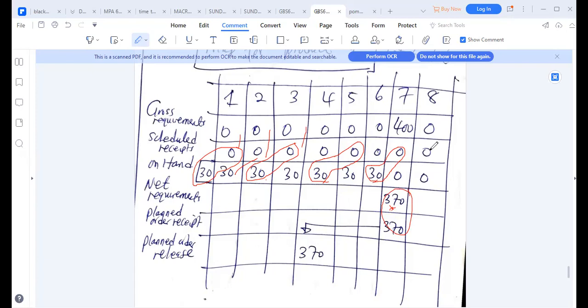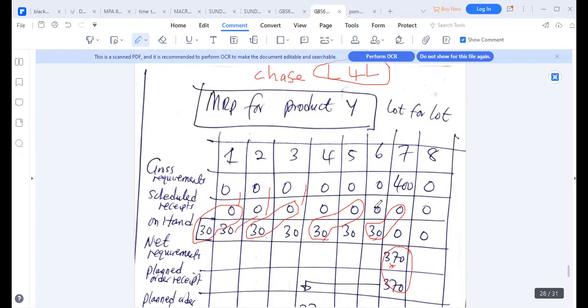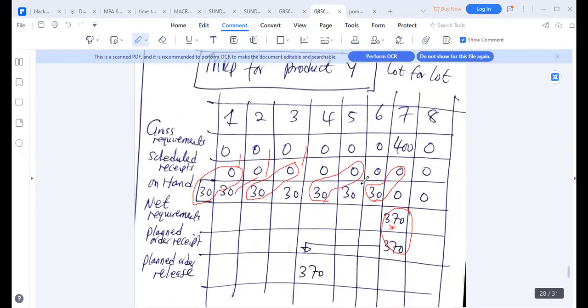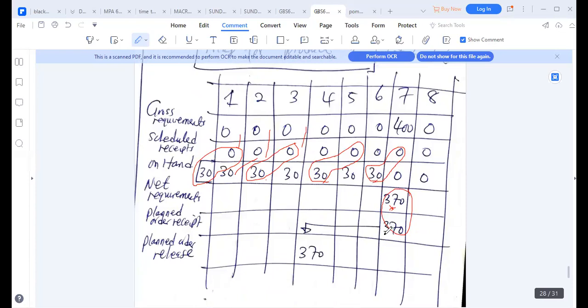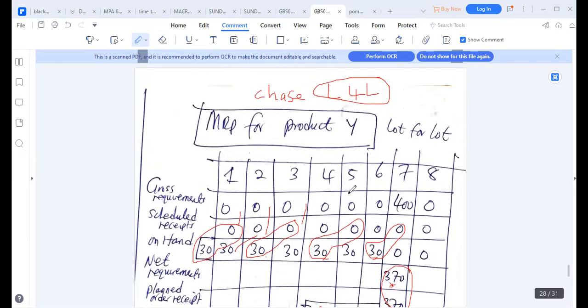And then 0 plus 0 to meet the demand of 0, we are going to have 0. The lead time for this one is 3 weeks. So that's why our order receipt is in this period, but we come back 3 weeks. This would have been released in period 4 or week 4. So that's MRP for product Y.